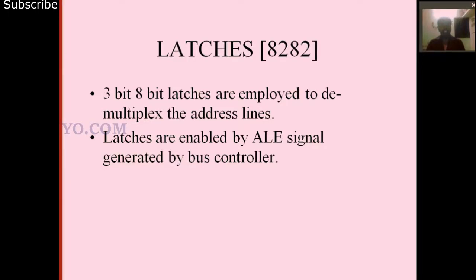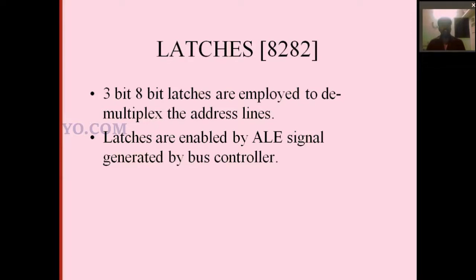In our 8086 microprocessor, the address and data lines are combined together from AD0 to AD15. So the latches are used to demultiplex, that means to separate address and data. Both use the same lines; sometimes they produce address, sometimes data. So the latches act as a switch to enable the address lines. That is demultiplexing the address lines.